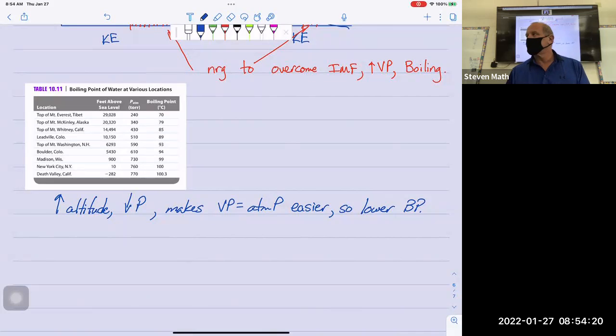Why? Yeah, but it's boiling at a lower temperature then. So things are boiling, but they're not cooking as fast. So there's little bubbles, but it's boiling at 80 instead of boiling at 100. So you're going to have to cook it longer at 80 than you will at 100, and that's just because of the pressure. Because boiling is all about pressure.